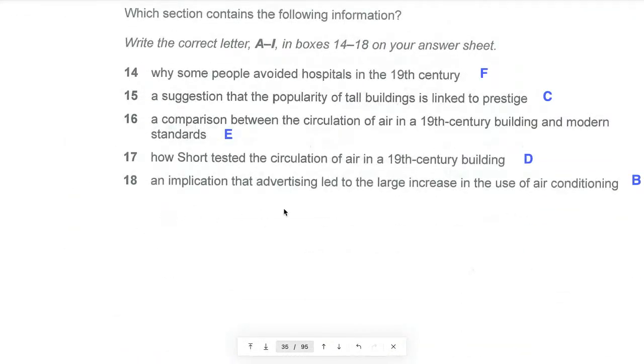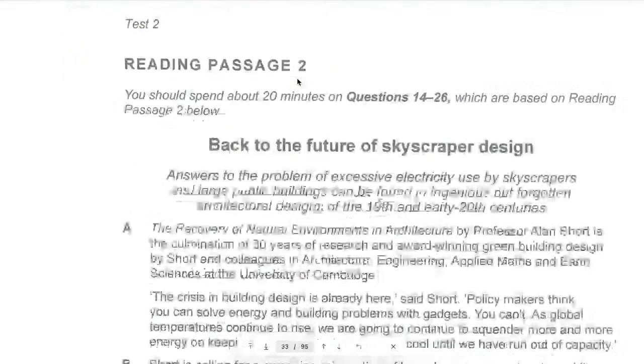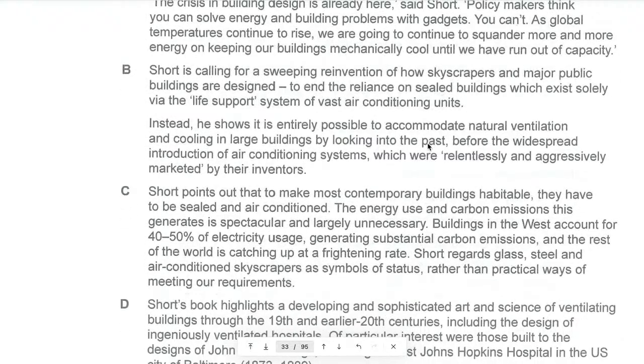Okay, so now we move on to 18. An implication that advertising led to the large increase in the use of air conditioning. Paragraph B, the second paragraph.